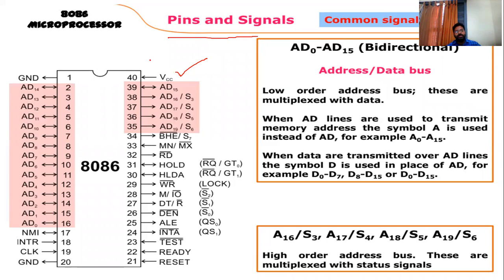Now see pins 38, 37, 36, 35. You can use them for multiple purposes, for example AD16/S3. Because we have fewer pins, but you can perform more operations, or connect more devices to this microprocessor.